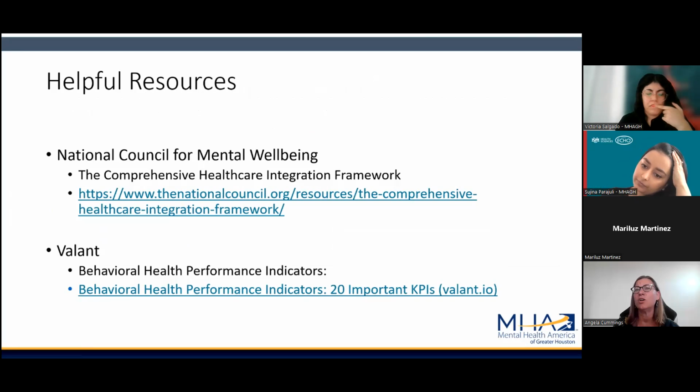I'll put these links in the chat in a minute, while you're doing an activity. This was released in April of this year, so it's hot off the press. This is from the group that used to have the scale of 1 to 6 on measuring your level of integration at the clinic level, and they have revamped that scale.